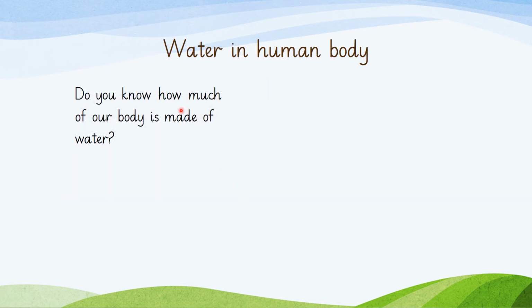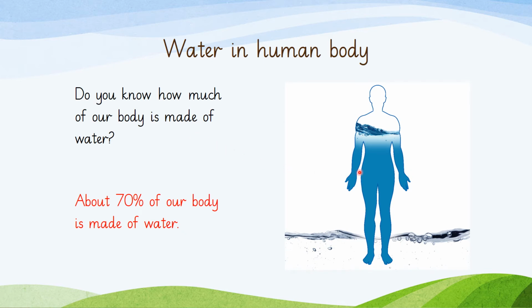Water in the human body. Do you know how much of our body is made of water? About 70% of our body is made of water. That is how important water is for us. Without water, we will not be able to live for more than 3 days.